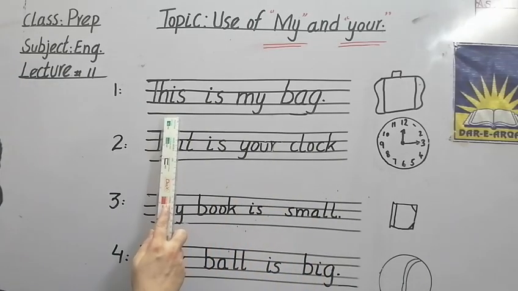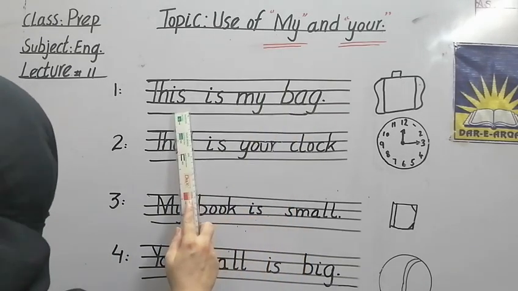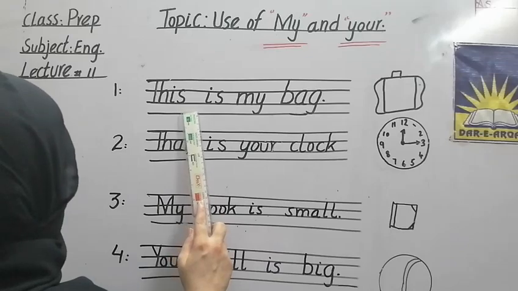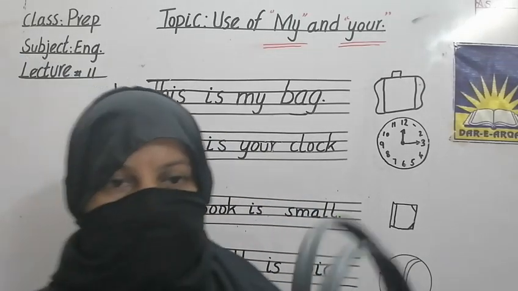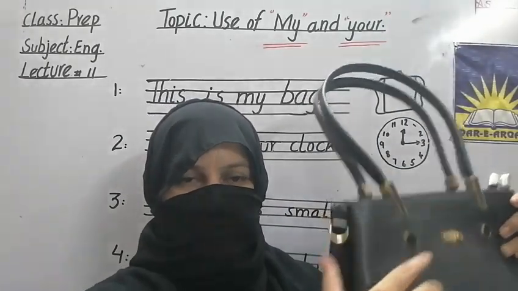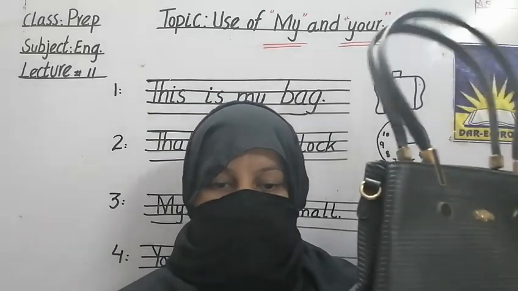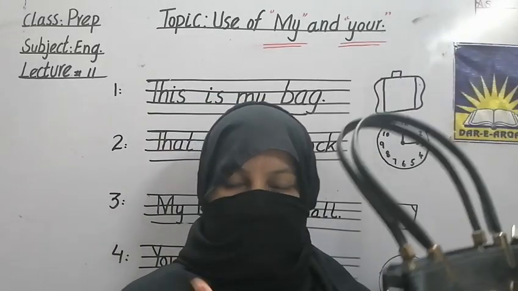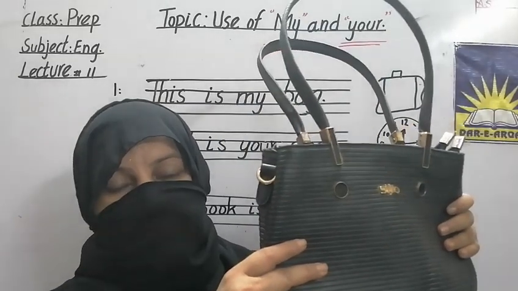We use this for a singular object and it's near to us. This is my bag. I have a bag. Clear, students? My is used when we talk about myself. So I use this is my bag.